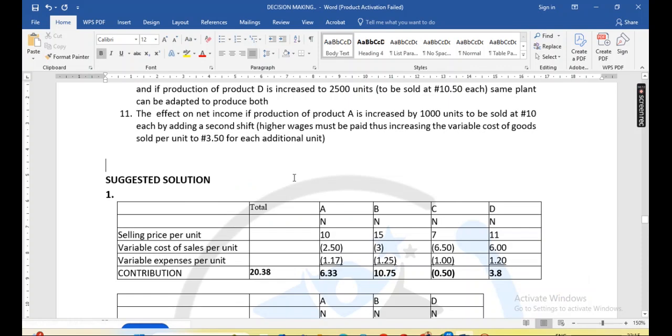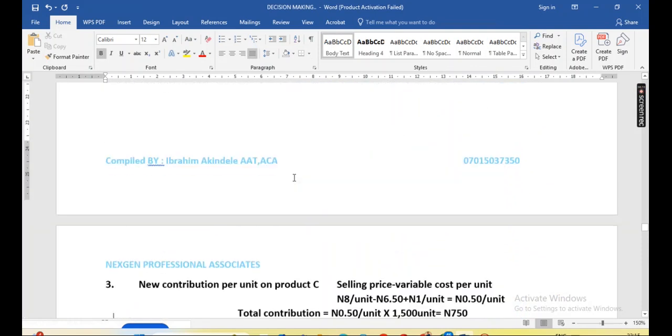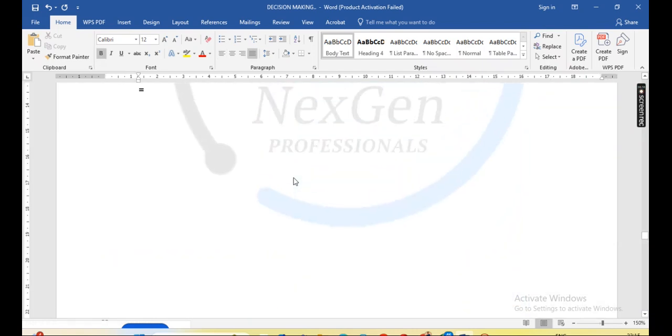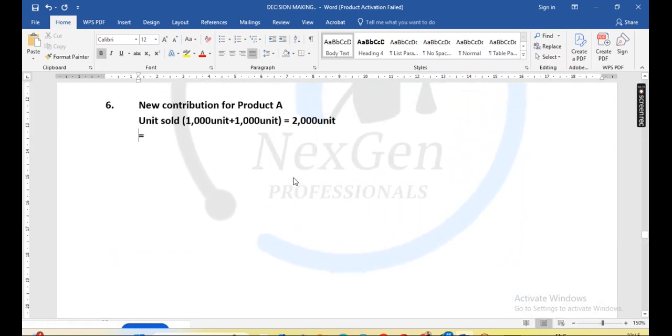So we go back. The selling price is 10 minus the variable cost.